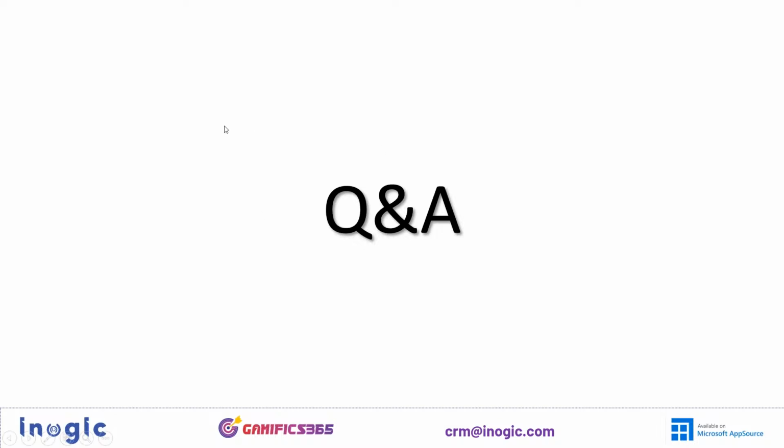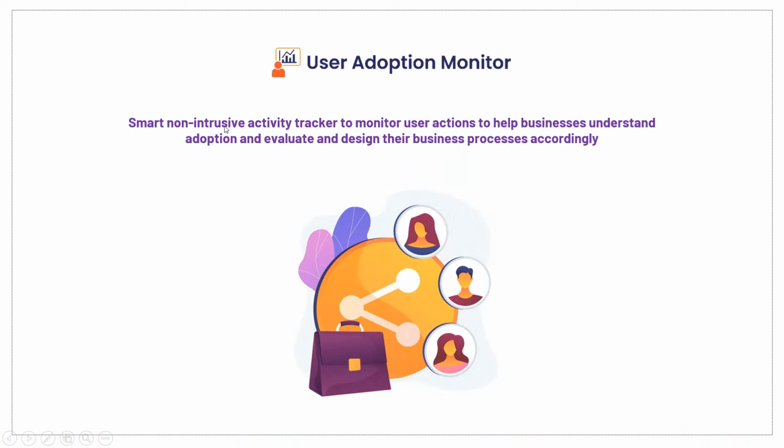Okay, so before I move on, I just wanted to take one more minute to introduce to you our other solution, User Adoption Monitor. Now, User Adoption Monitor is a part of this particular product family itself. The idea is with Gamifics 365, we want to motivate the users to use more and more of CRM, enter the data so that they can get points based on their actions.